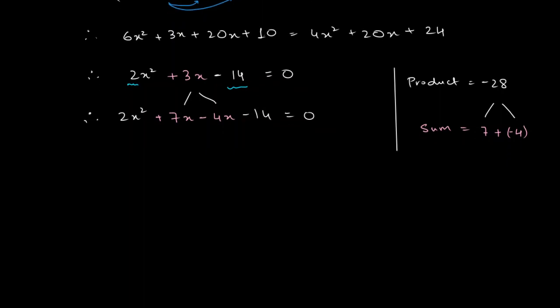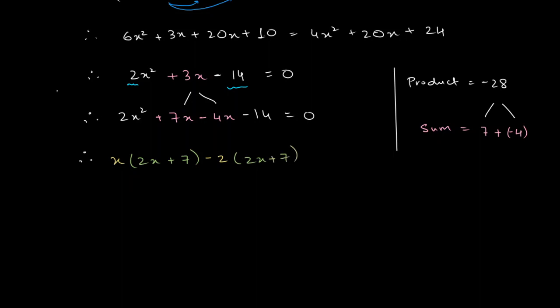Now we'll have to start factorizing them. In the first two terms, if you see, we have x which is common, and I will be left with 2x plus 7. In the third and the fourth term, if you notice, we have minus 2 which is common, and in the bracket, minus 2 gone, I'll be left with 2x, minus 2 gone, I'll be left with plus 7.